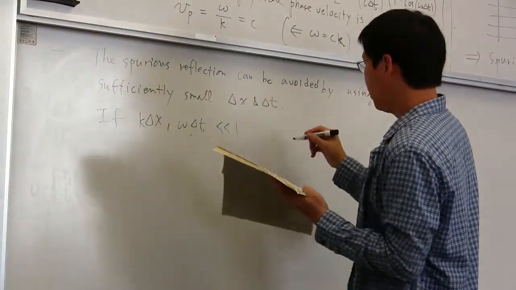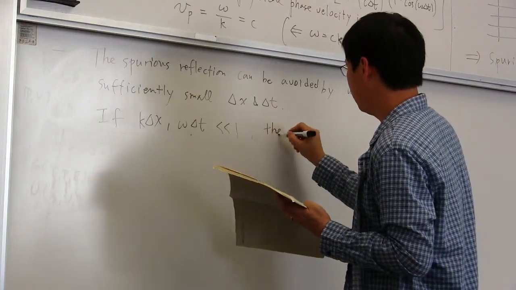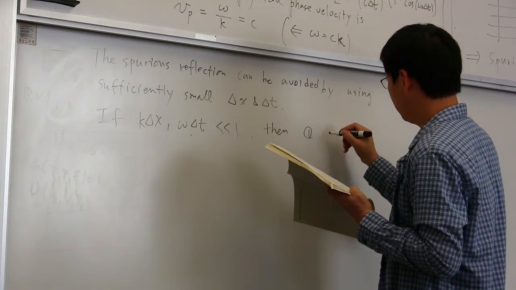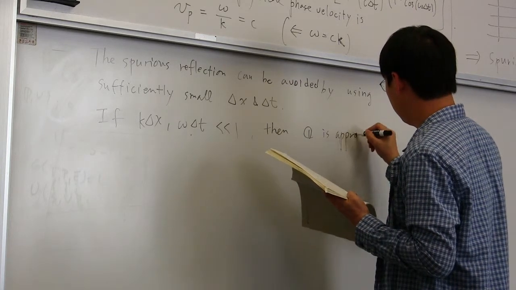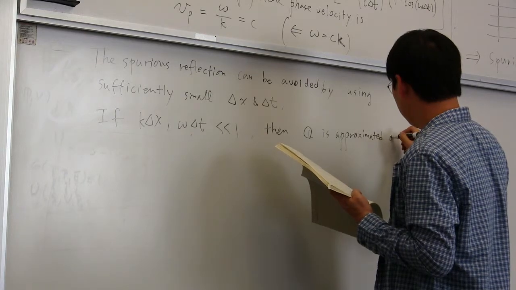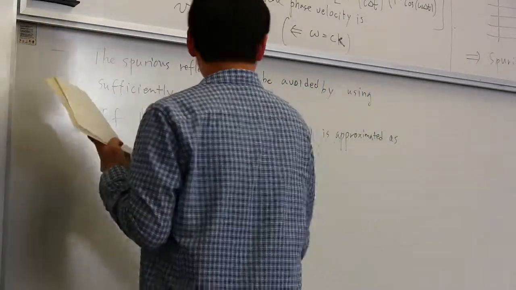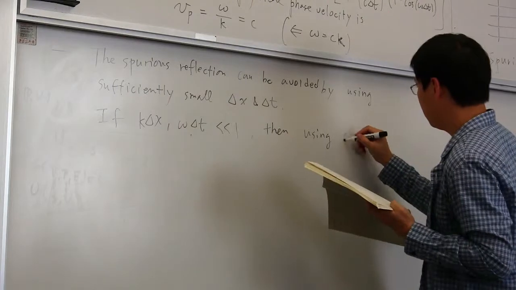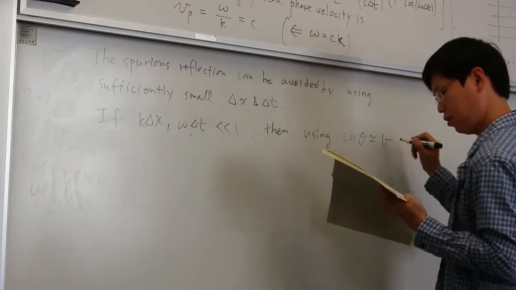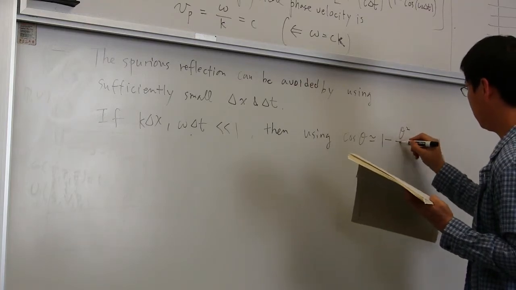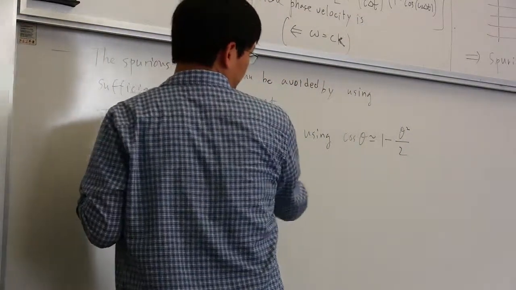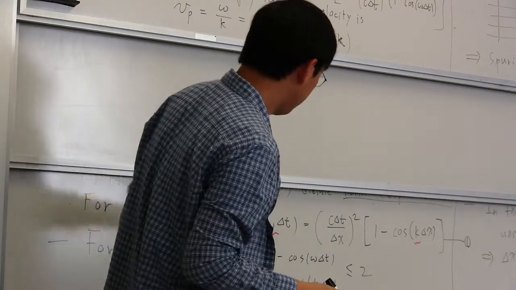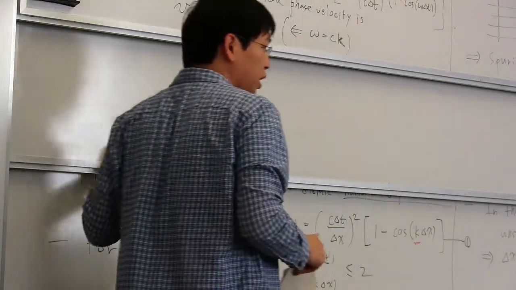Thank you. So if this condition is satisfied, then we can use this Taylor series expansion for these two cosines appearing in equation 1.